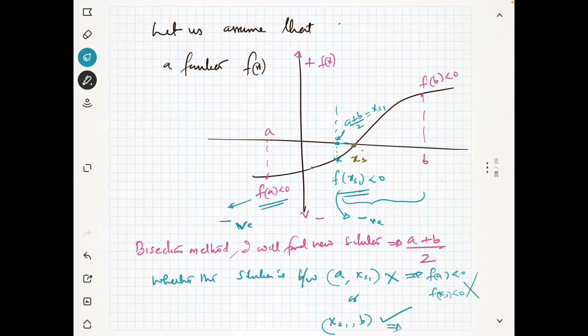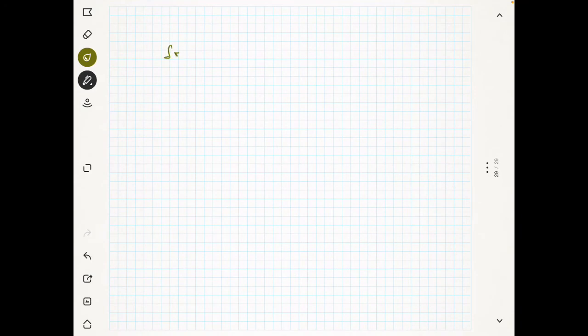But here, f of xs1 is less than 0 and f of b is greater than 0. So negative and positive, so the solution exists between them. So the new interval is xs1 and b.